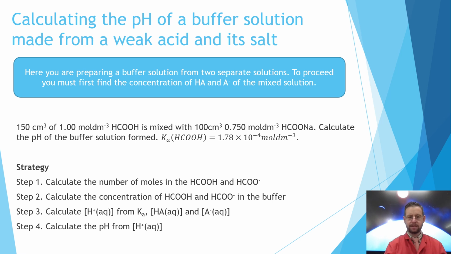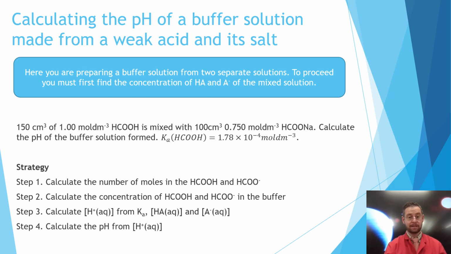Tricky. It's tricky because it's not really clear what has happened. First, what we're doing here is mixing a buffer solution: we're mixing together an acid and its conjugate base. We're preparing the buffer solution, and we know that because they gave volumes and concentrations of both components. So to proceed, we have to work out what the concentrations are of the mixed solution rather than these two solutions independently.